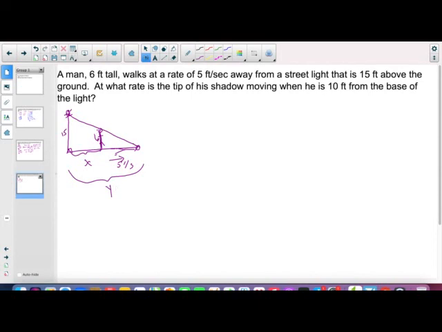If 6 is proportional to 15, I'm going to use that to help me find what they're asking me to find. So if 6 is proportional to 15, then wouldn't y minus x, this right here, be proportional to the whole thing, y? So if they gave us that he is walking at a rate of 5 feet per second, wouldn't that be the change in how fast this is changing?